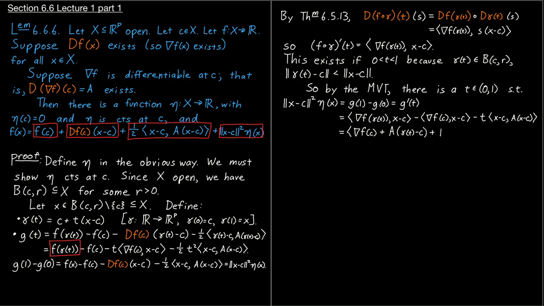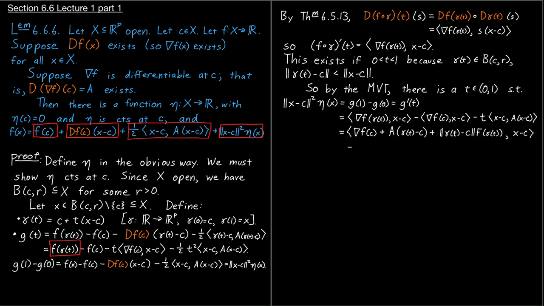plus, now because this is differentiable, we've got the norm of gamma of t minus c times some function of gamma of t. That's all from our definition of differentiability.